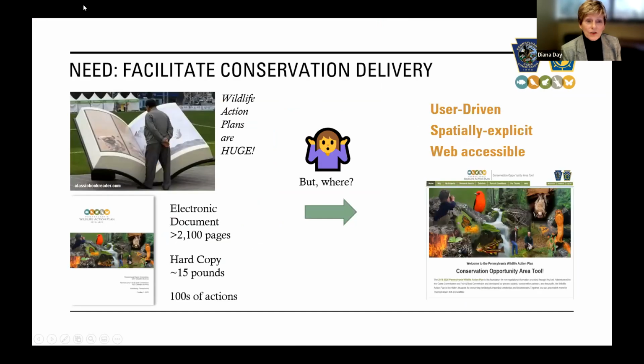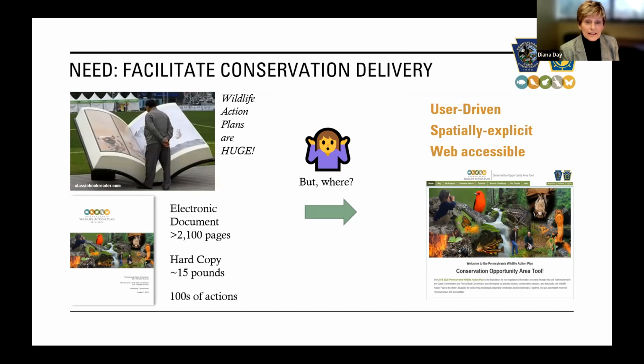So why this tool? Essentially, we needed to make conservation delivery easier. Wildlife action plans are huge documents, and for example, the Pennsylvania Wildlife Action Plan is over 2,100 pages and is a great workout with multiple reps at 15 pounds, and has hundreds of actions.